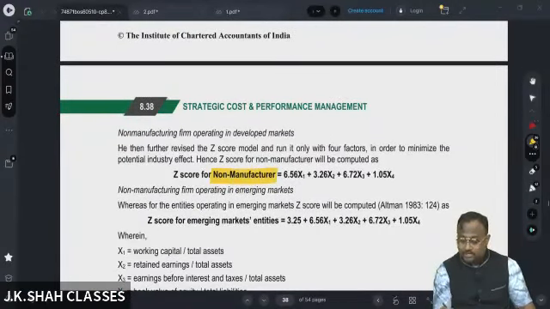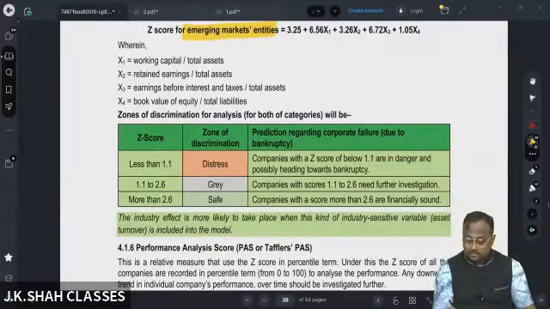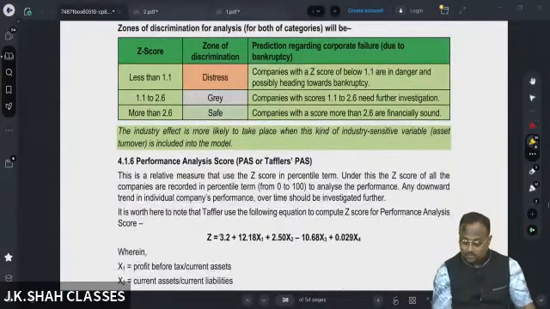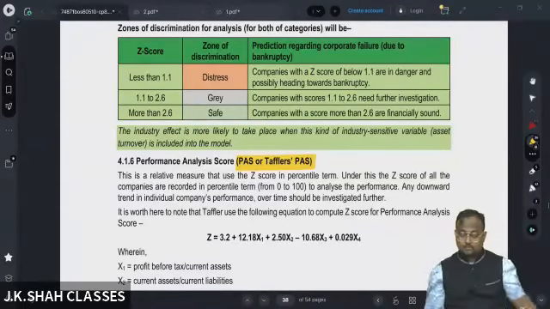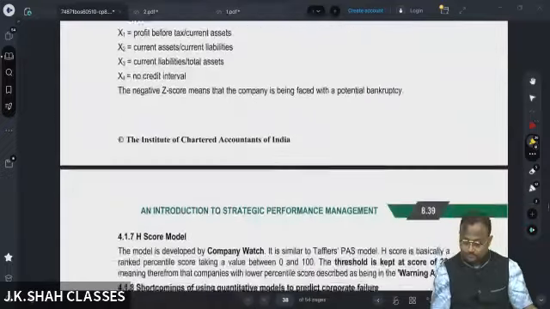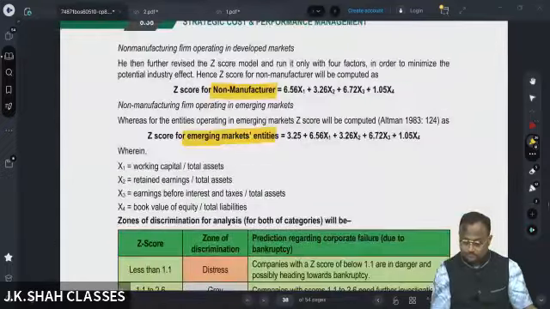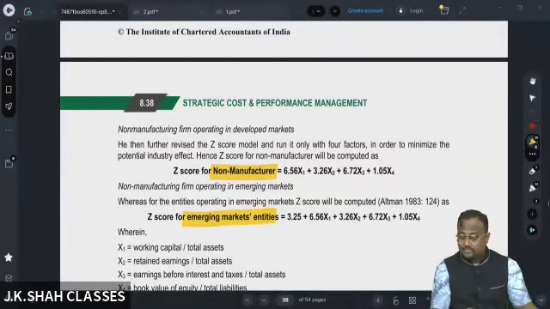Like this is for non-manufacturer trader, this is for emerging markets, and the last one is for performance analysis. यही था ना प्रिया? See, that 6.56, 3.25 has no meaning. These are all predetermined rules.